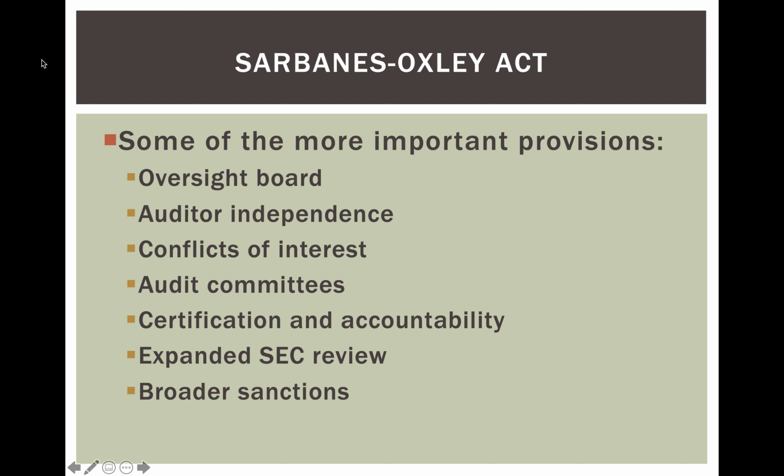As a result of the collapse of Enron and, in the early 2000s, a number of corporate scandals, the Sarbanes-Oxley Act was enacted after Enron in order to try to create some more oversight and regulation on corporations with the hope of preventing future scandals of that significant nature.